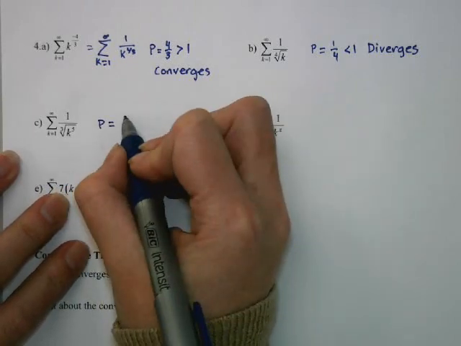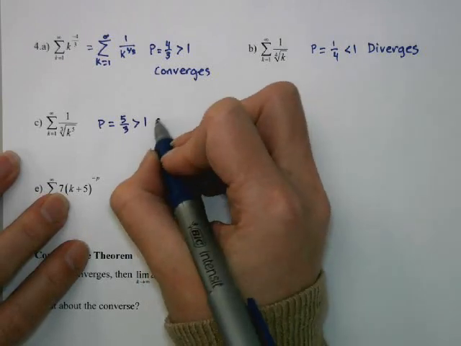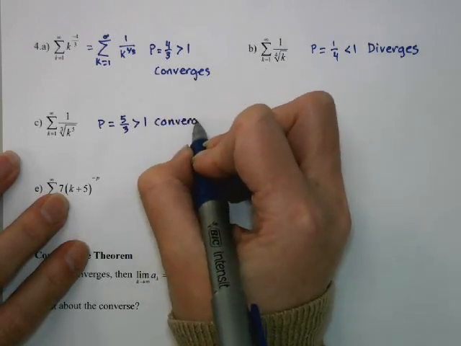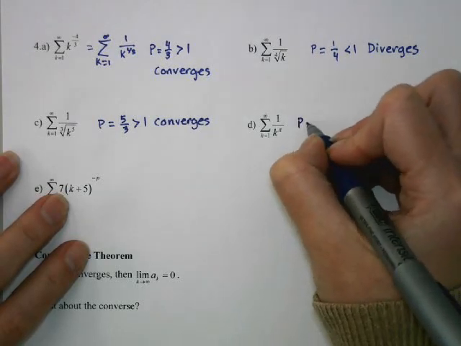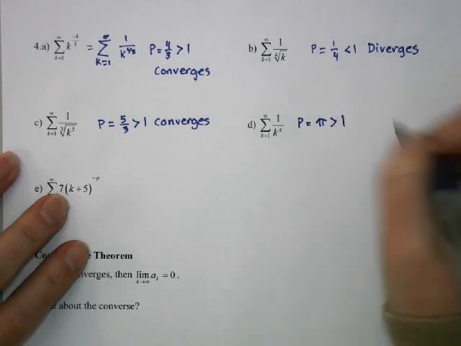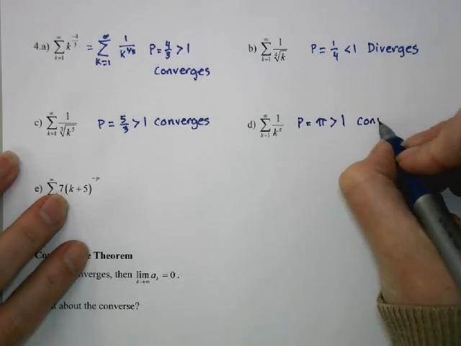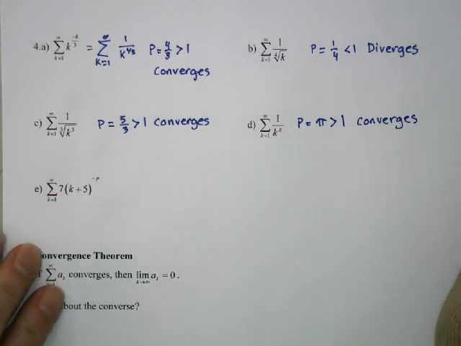Here, p is 5/3, bigger than 1, so our series converges. Pi is bigger than 1. So it converges.